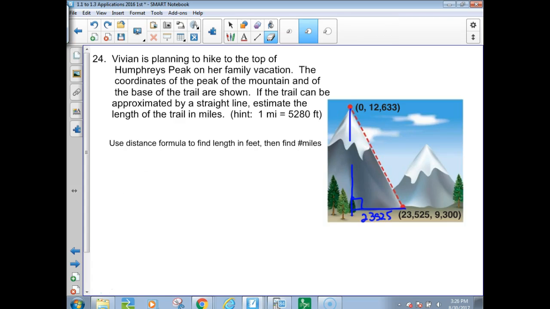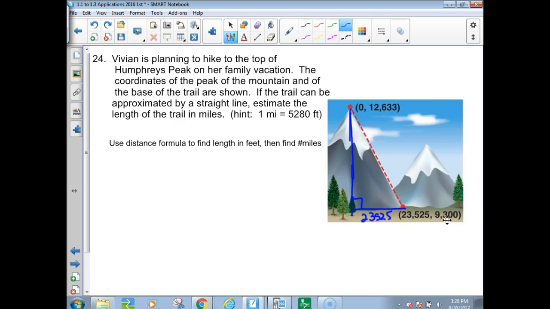Okay, so this number is actually not the 12,633. Hold on. You know how a mountain is not necessarily at sea level? The mountain is maybe 12,633 feet above sea level.